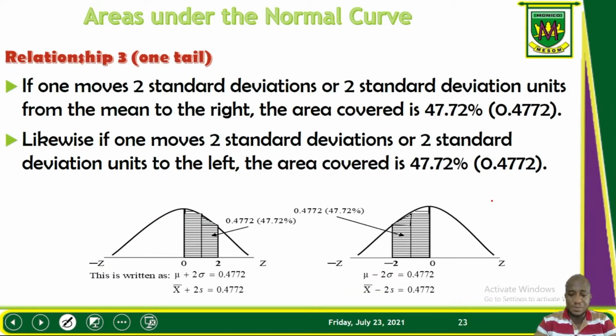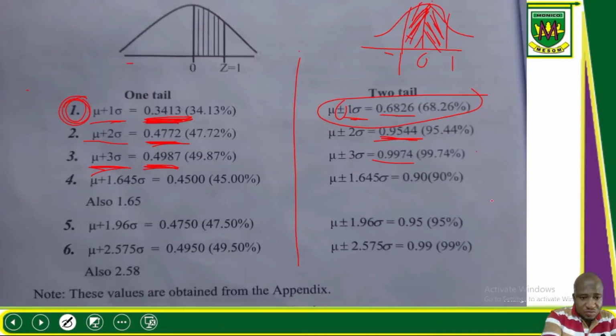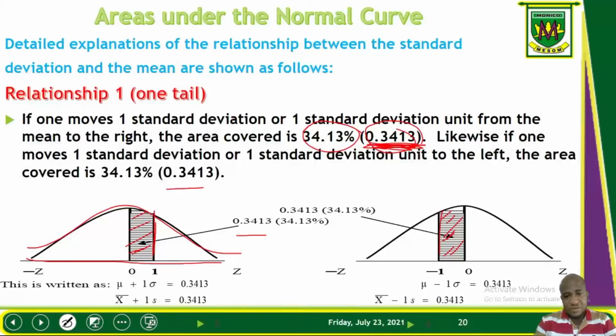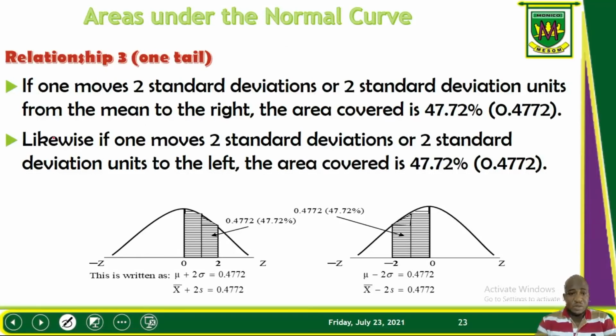And the third relationship will be an explanation of the second point here under one-tailed, when we are searching for moving 2 standard deviation units. Here it reads this way: if one moves 2 standard deviation units from the mean to the right, the area covered is 0.4772.